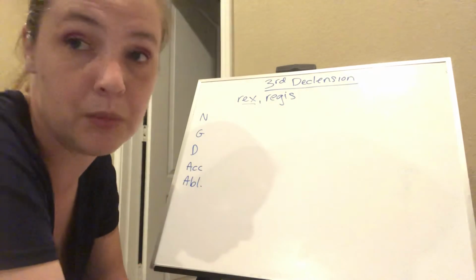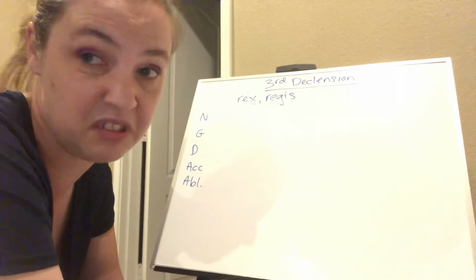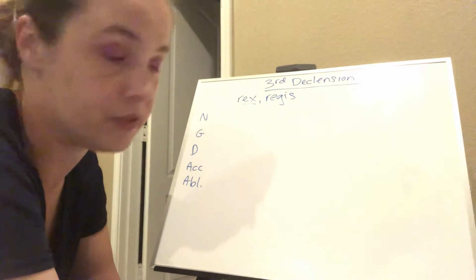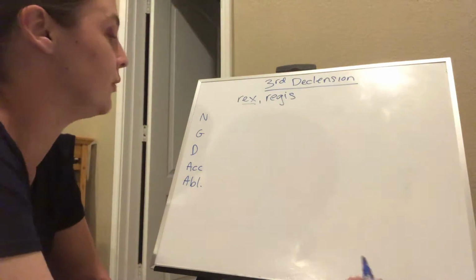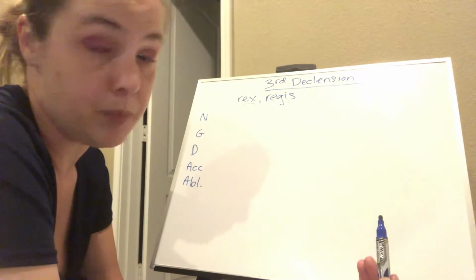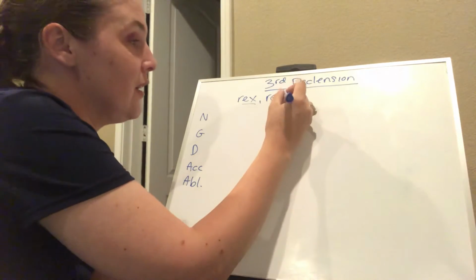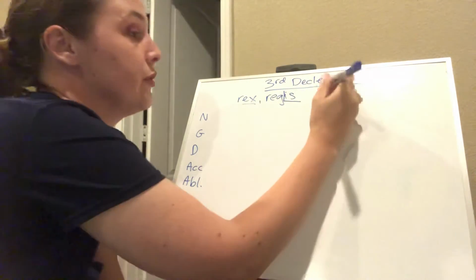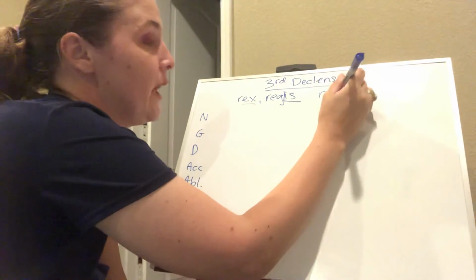Remember that your nominative and your vocative look the same. Okay. So we're not going to bother ourselves with an extra spot for the vocative. We are going to find our stem for this bad boy by taking the IS, which is your genitive singular ending, off. Okay, so your stem is going to be reg.